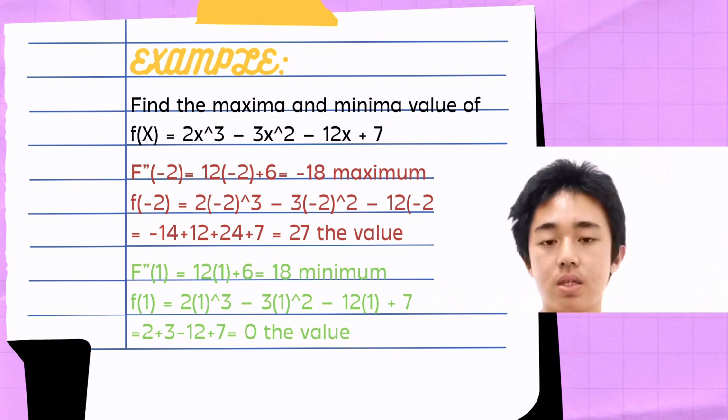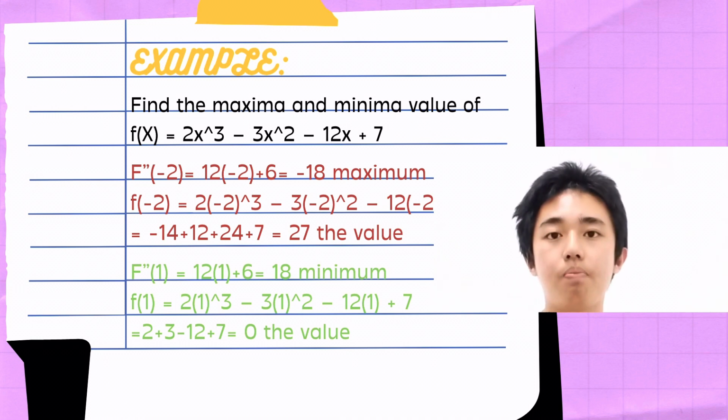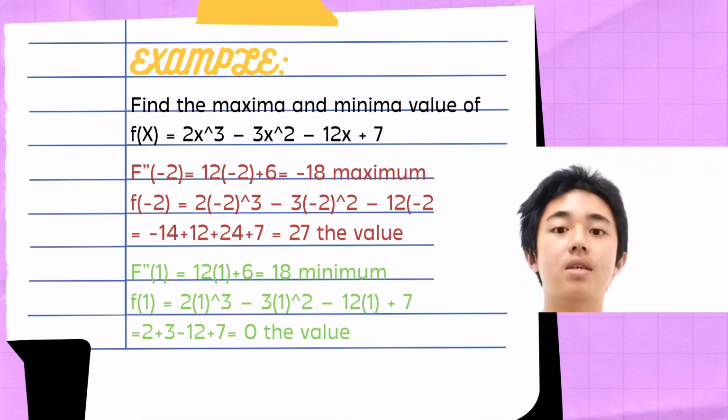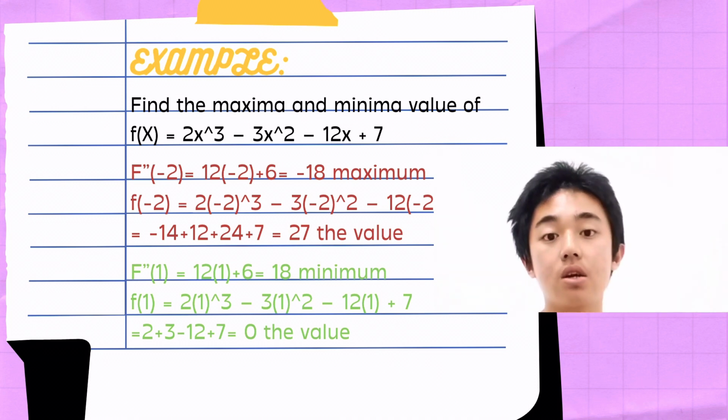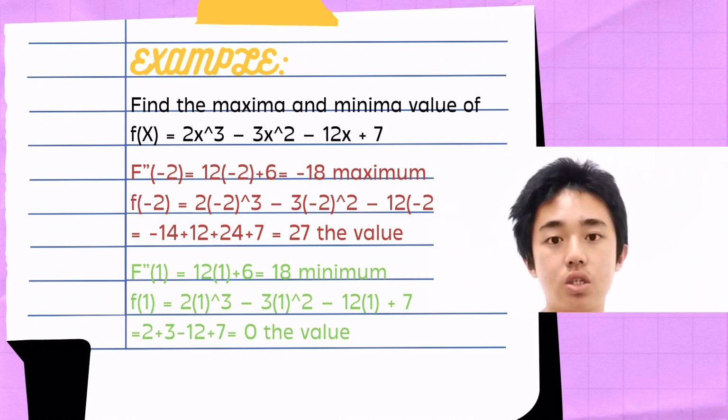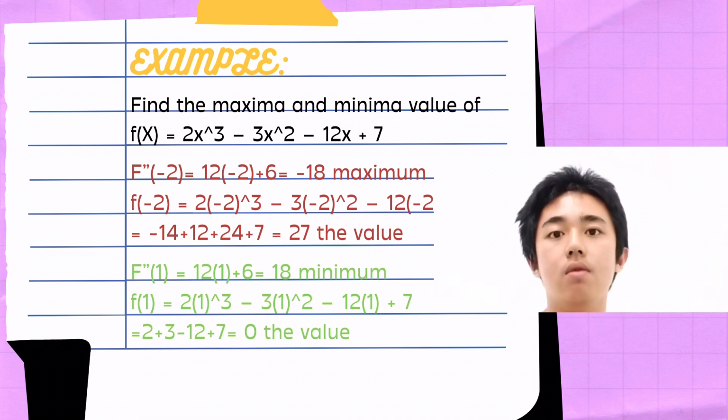Next, because we still have x = 1, we're going to check if it's a minimum. So f''(1) = 12x + 6, so 12 times 1 plus 6 is 18. Because it is bigger than 0, it is a minimum. So let's find the value of f at 1.